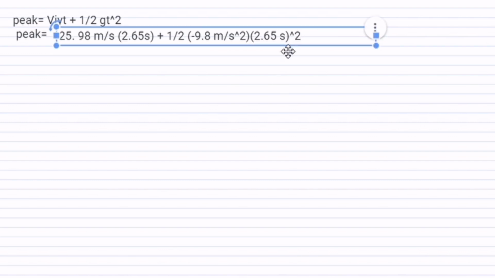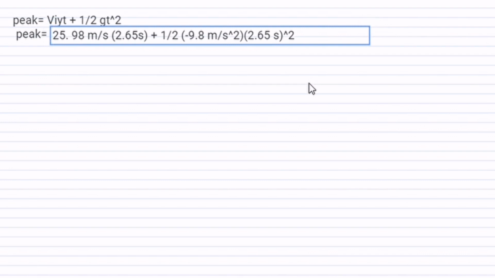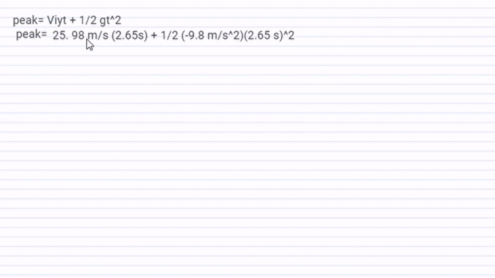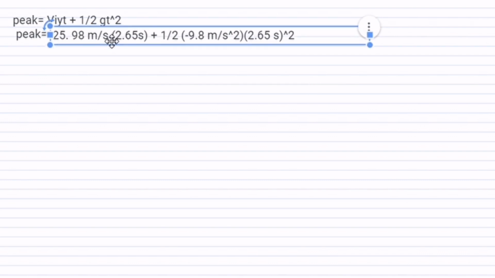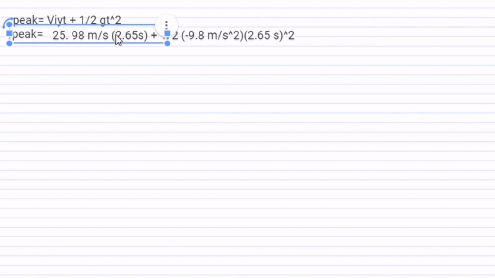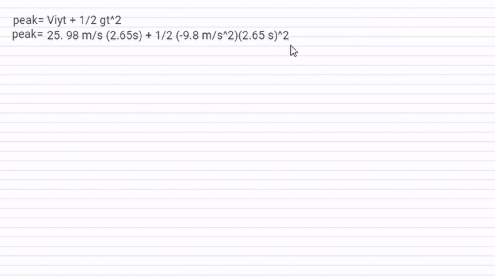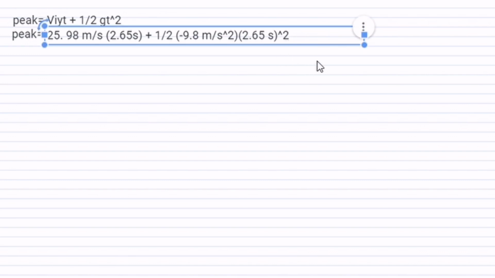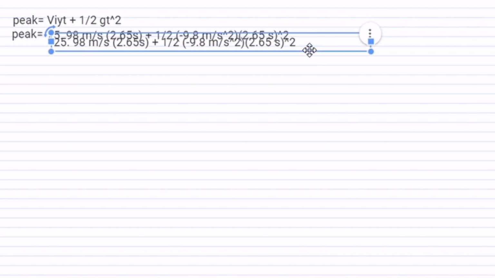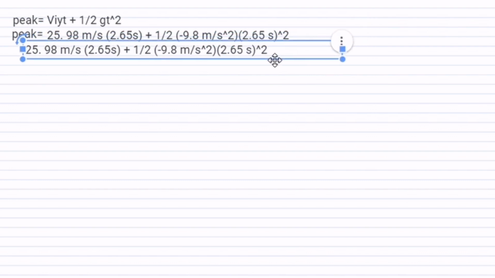You can solve this directly in the calculator. Just put all of this in your calculator, and your calculator will do its thing.